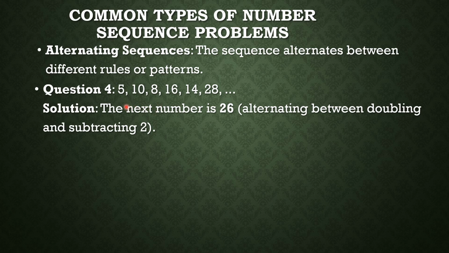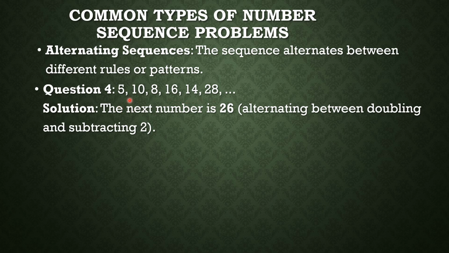So now let's see, between 8 and 16 they are doubling, and between 16 and 14 there is a difference of 2, and then again 14 to 28 it's a double. So we can see that it's following two different patterns.